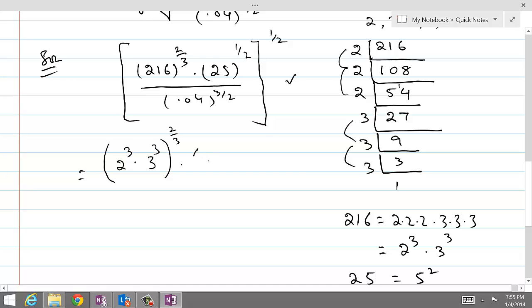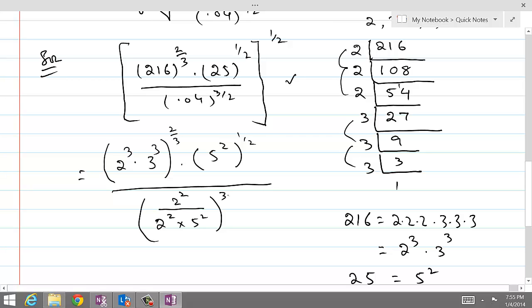For 25, we are going to write 5 power 2 and then power 1 over 2, and then for 0.04 we can write 2 power 2 over 2 power 2 times 5 power 2 and then whole power 3 over 2, and we still have this bigger power, which is 1 over 2.